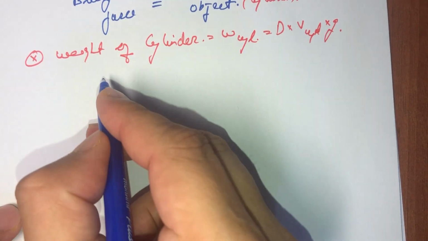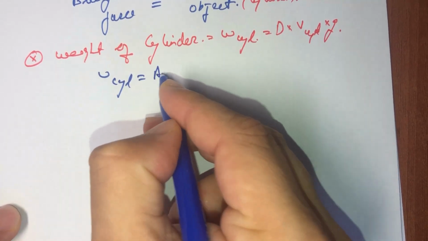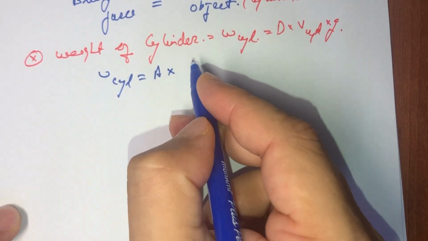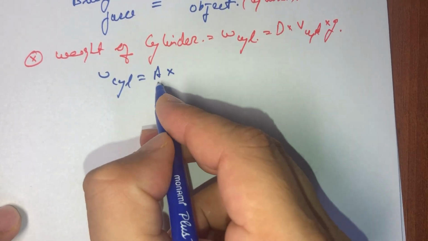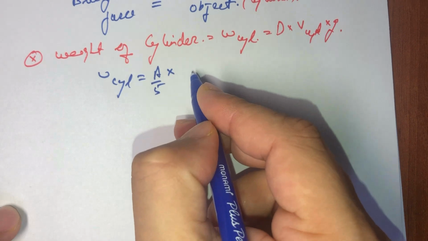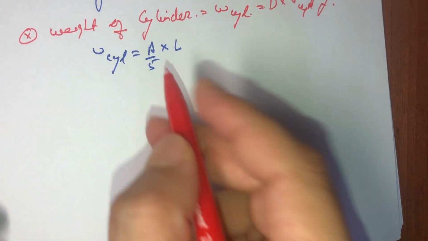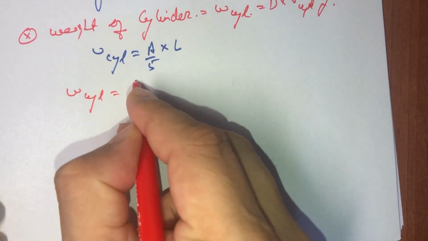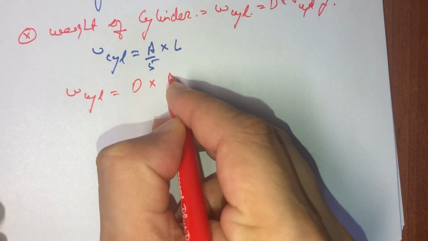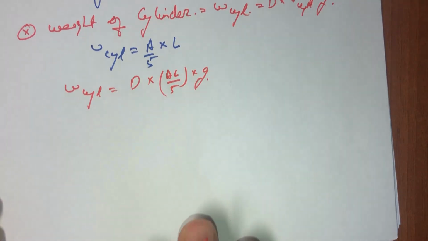The volume of the cylinder will be equal to area of cross section multiplied by its length. Area of cross section is given by A/5 and length is L. Therefore the weight of the cylinder is equal to D multiplied by AL/5 multiplied by g.